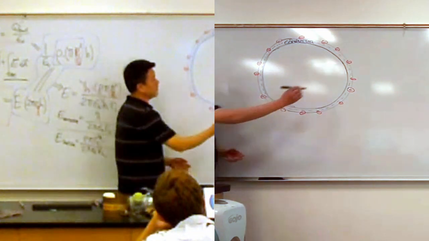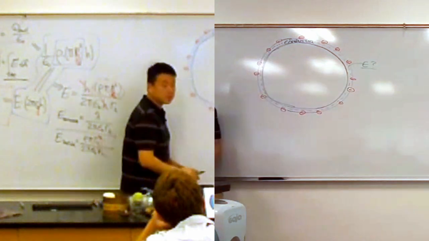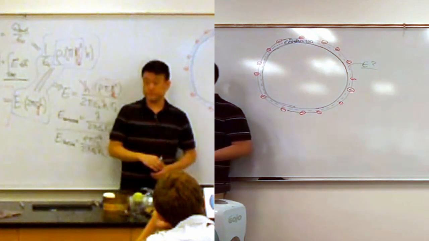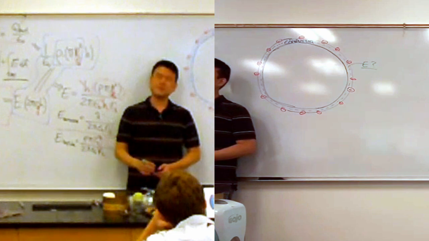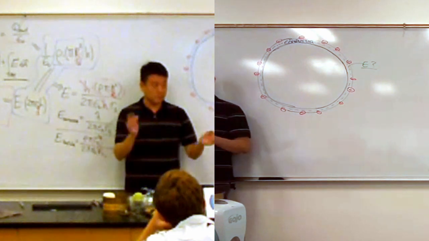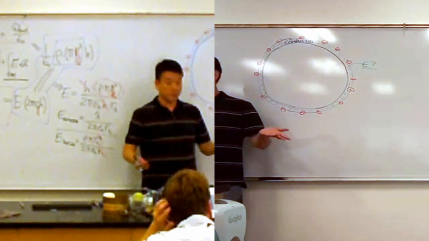What do I know about the electric field at every point on the Gaussian surface? Chris? Zero. How do you know it's zero? It's inside the conductor, yes. We reasoned out the rule last time, right? The electric field inside the conductor must be zero.